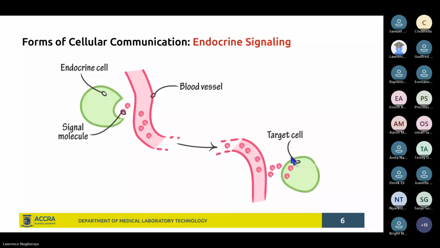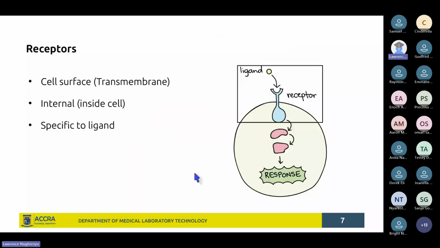All right. Now we've seen those different types of signaling between cells. We've been talking about the receptor, which is on the cell surface, that will be interacting with the ligand. In our case, it is going to be the hormone. The hormone is a ligand.